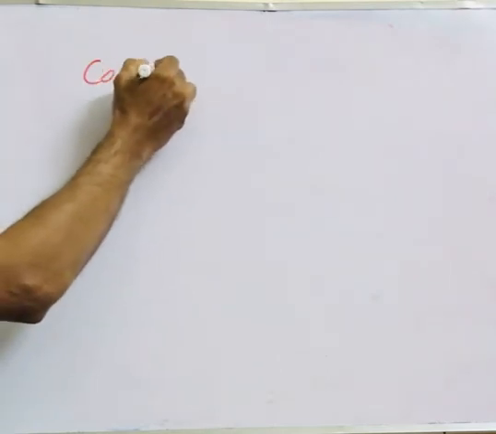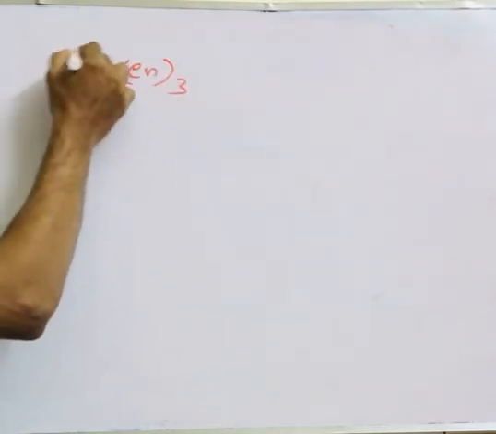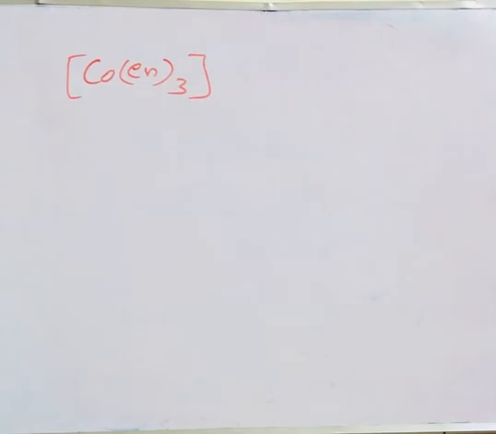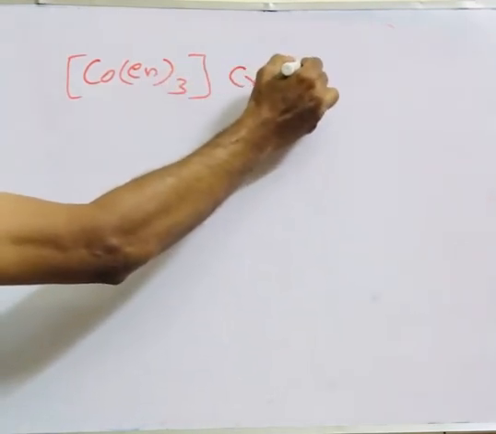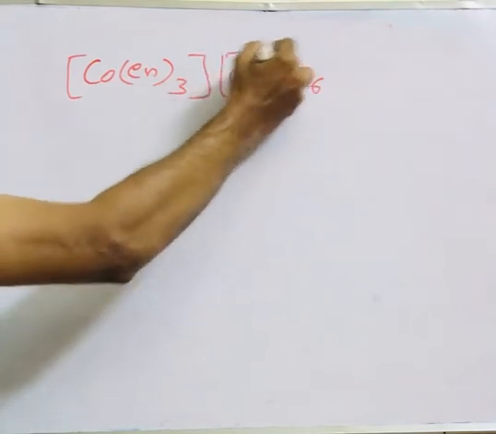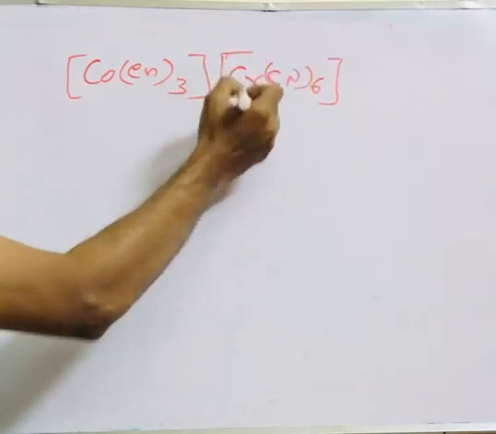So if you can see another compound, [Co(en)3], they have given two coordination entities, [Co(en)3] and [Cr(CN)6]. They asked us to write another coordination isomer.